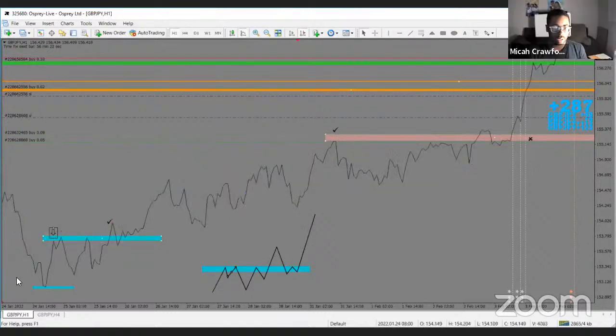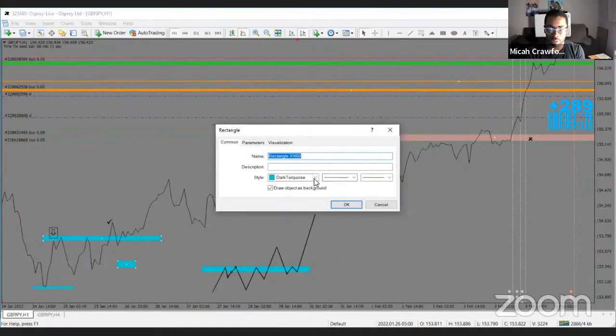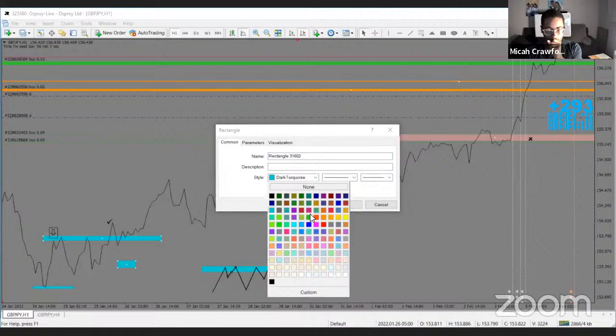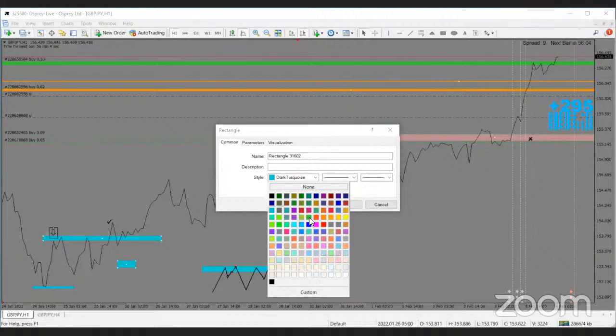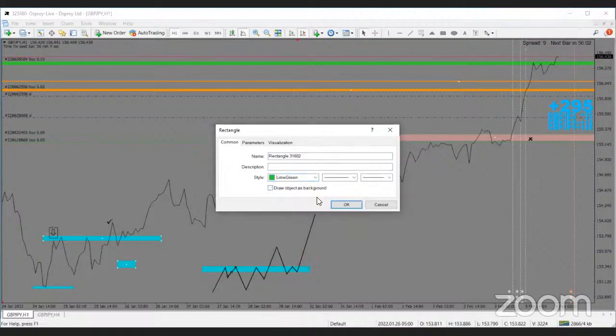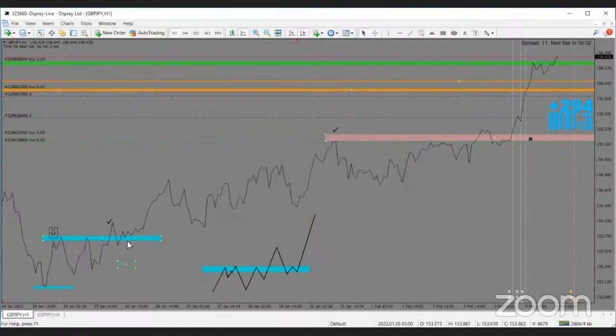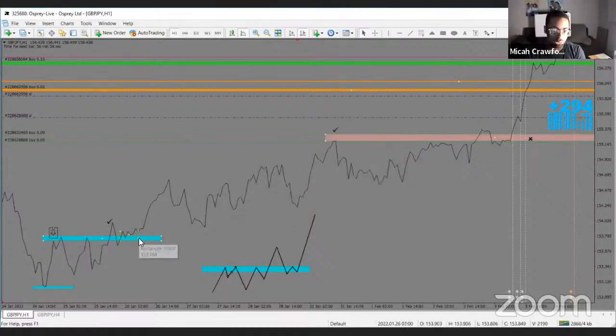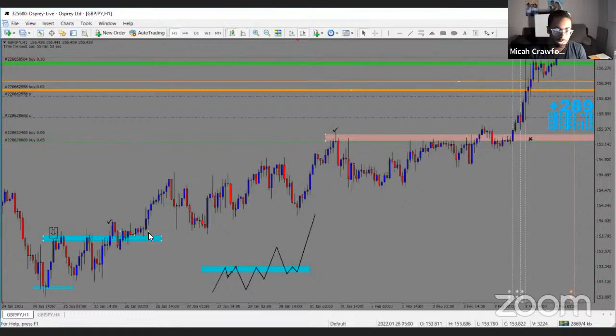So in between here, I'm actually going to grab a different box and I'm going to make it a different color. Somebody give me a color real quick. Green. What kind of movement do we see in this green box right here?